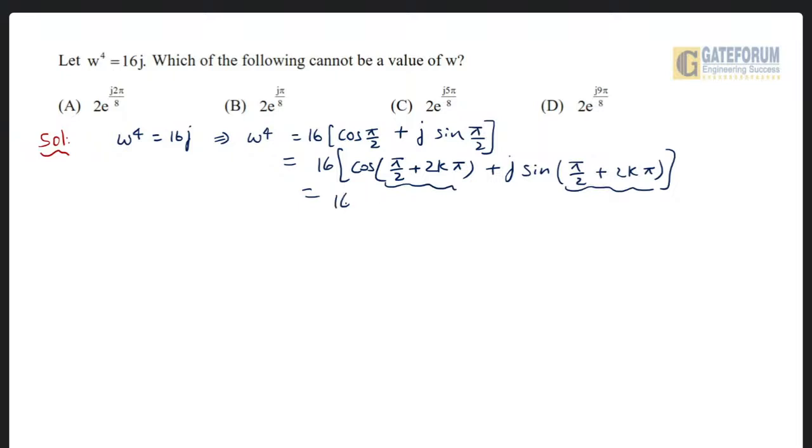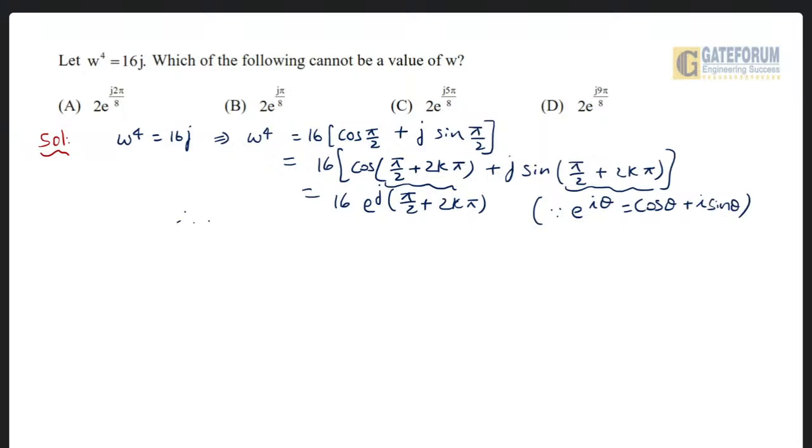So can I write it directly like this: e to the power j times (pi by 2 plus 2k pi). Here 2k pi means multiples of 2 pi; adding or subtracting won't change the position, but there are infinitely many argument values.